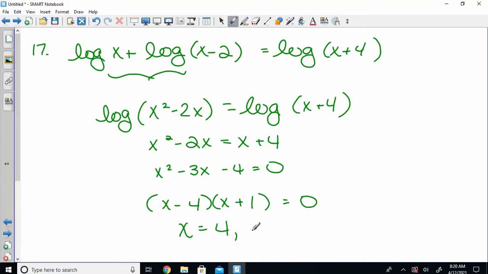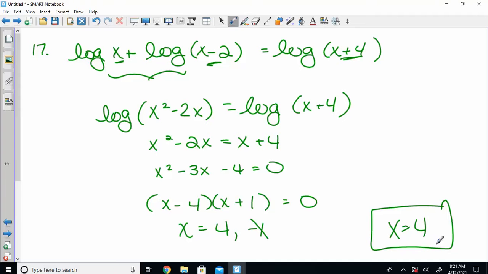So we get x to be a 4 and a negative 1. Then we always check. Are both answers okay? Not the -1. Remember, if you have logs, every one of these arguments has to be positive, so -1 won't work. So 4 is our only answer.